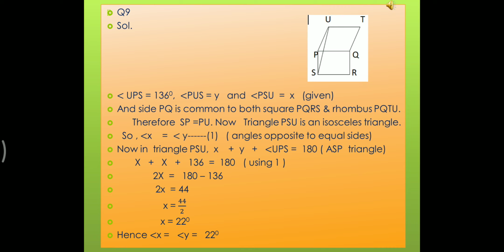Now in triangle PSU, X plus Y plus angle UPS is equal to 180 degree, because we know the sum of the three angles of a triangle is equal to 180 degree, as these are the three angles of triangle PSU.